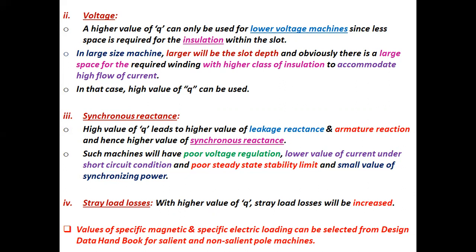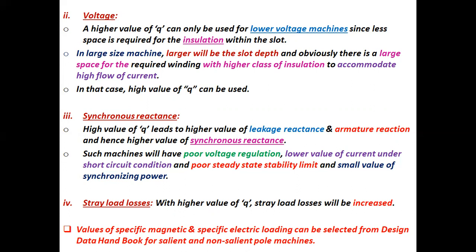Synchronous reactance. A high value of Q leads to a higher value of leakage reactance and armature reaction, and hence a higher value of synchronous reactance. Such machines will have poor voltage regulation, a lower value of current under short circuit condition, a poor steady state stability limit and a small value of synchronizing power.